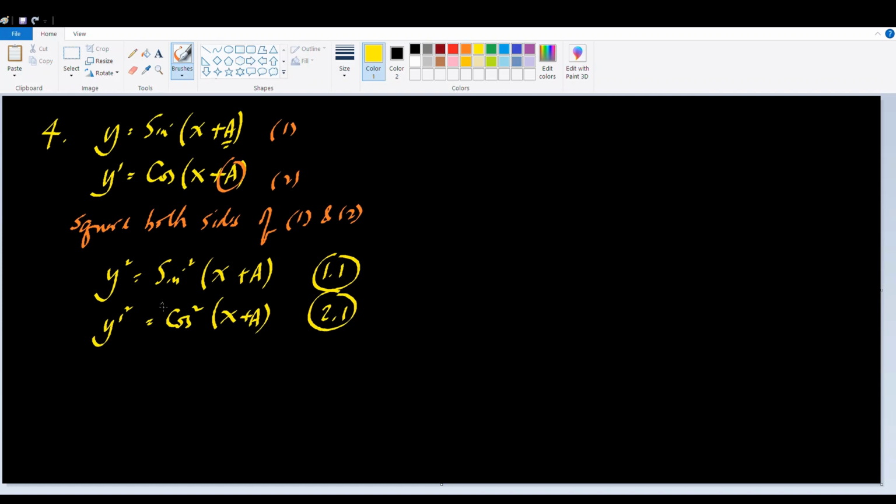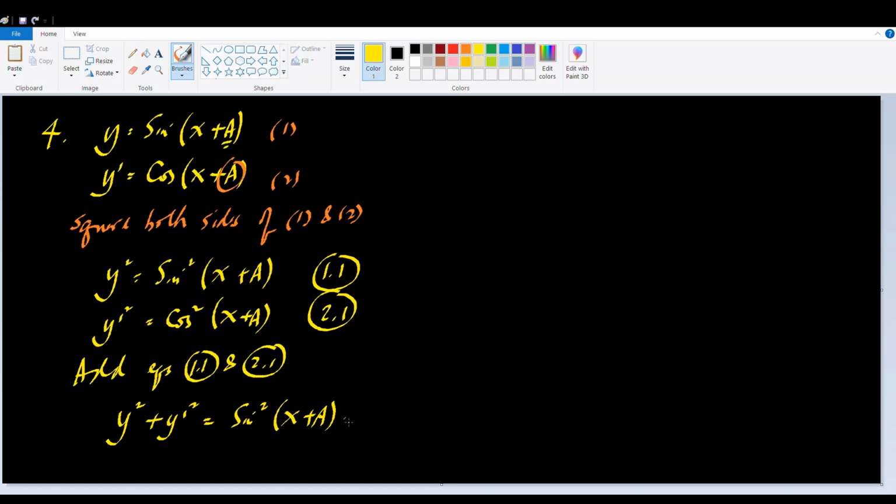At this point you probably know what will be the next step. We're going to add equations 1.1 and 2.1. So adding corresponding sides, we get y squared plus y prime squared equal to sine squared of (x plus a) plus cosine squared of (x plus a).